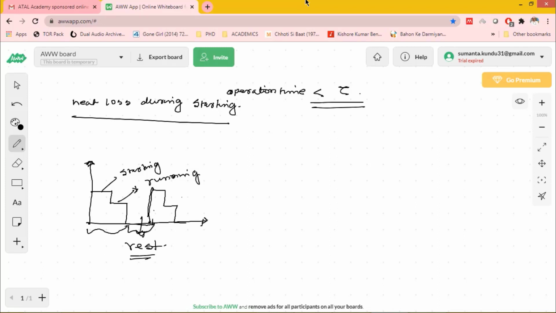Both the operational period and rest period are too short for steady state condition to be reached. So this is torque versus time, and this is duty cycle versus time. The curve will reach a value this way, then again it will try to reach the ambient, but there is not enough time, so again it will repeat. In this fashion it will go.